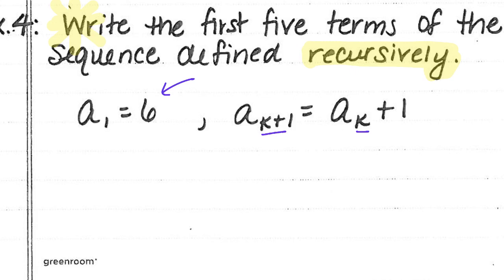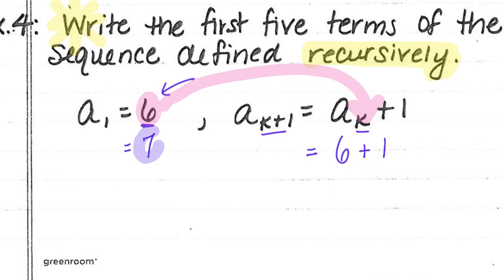So what this is saying is we're going to take this number 6 and we're going to put it in right for this a sub k. So I have 6 plus 1, and that's going to give me my a sub 2, which is 7. So what this is saying is, hey, we are going to take this answer and put it in to here. But now I have a new answer. I have 7. So now I have to put the 7 in for my a sub k.